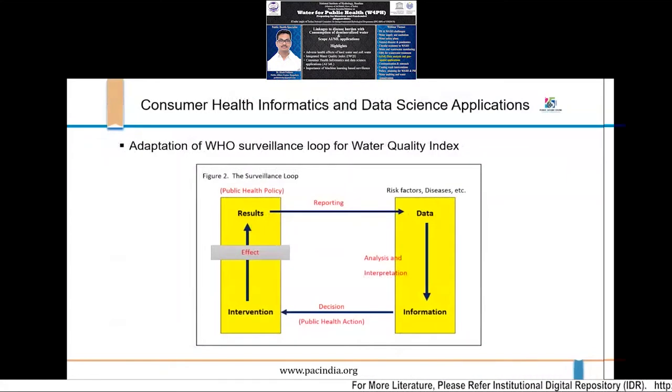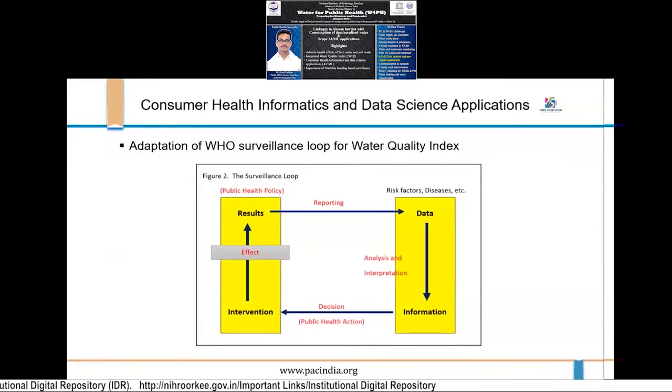Now we are shifting from developing the index towards application of the index. When we come to application, the World Health Organization has given something called the surveillance loop, which is a framework for conducting surveillance, and we can take the framework given by WHO and implement the same framework for the water quality index. The framework is very easy.